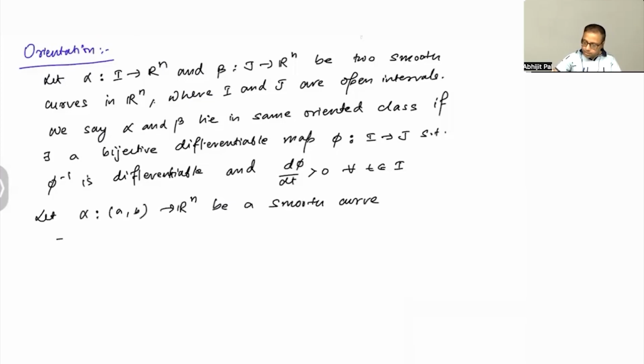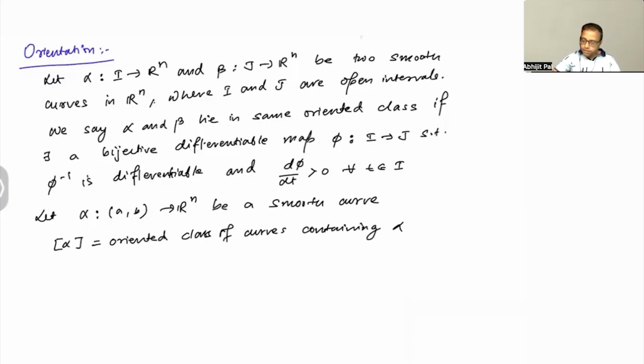This square bracket alpha is the oriented class of curves containing alpha.